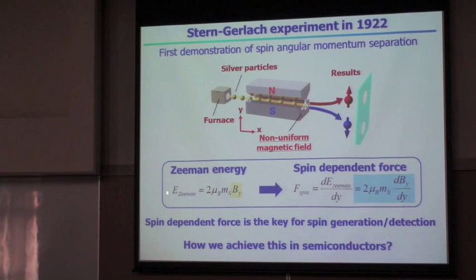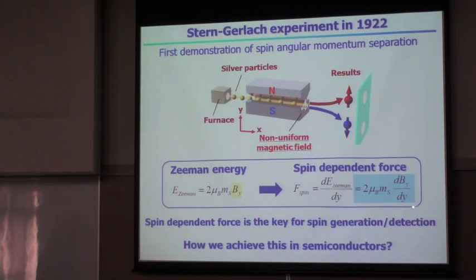And if this Zeeman energy is spatially dependent like this, it becomes a force. In this experiment, they use different shapes of the magnet, so the external magnetic field in this region is not uniform. There is an external magnetic field gradient along the y direction, and this takes this term.